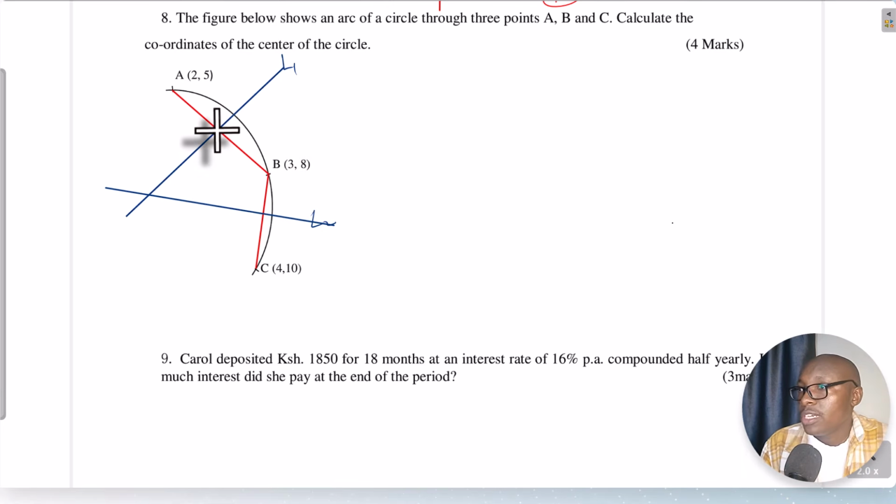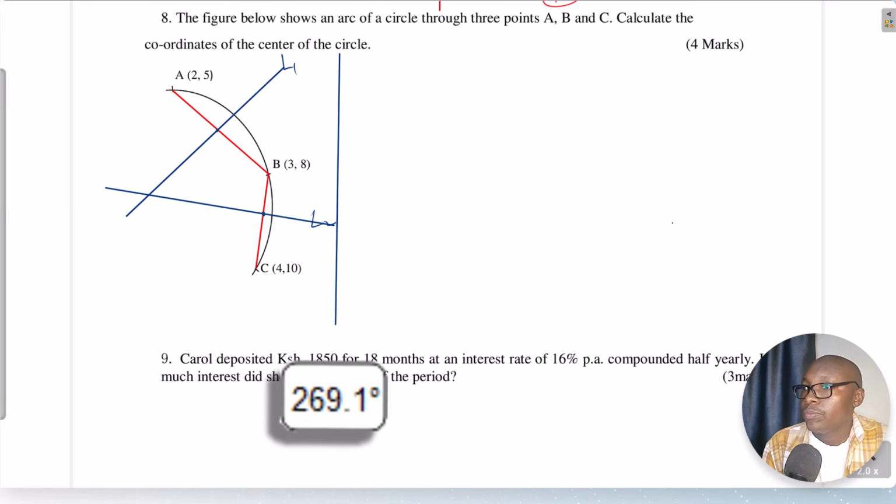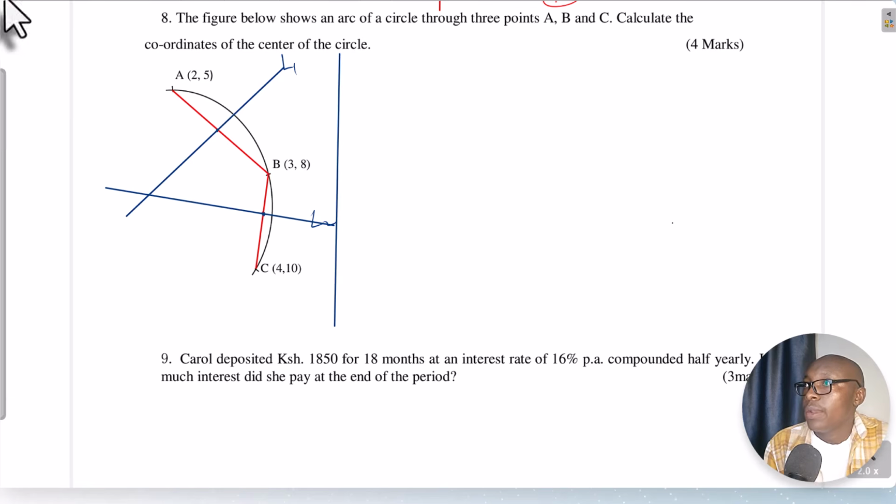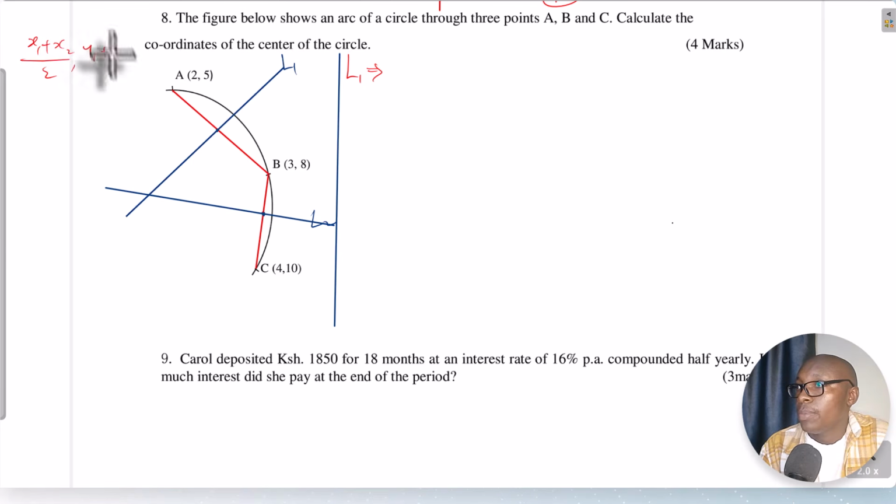So the first thing is getting this point. We need a point. The gradient, we can get it from the other line. So we first get the midpoint of line 1. You know how we get the midpoint? The formula is (x1 plus x2) divided by 2, (y1 plus y2) divided by 2.